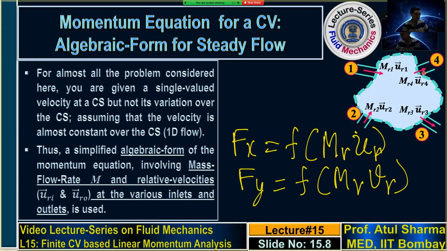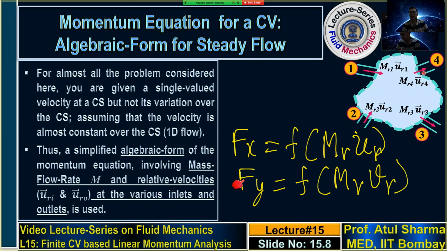Now the product of mass flow rate with u velocity is the x momentum flow rate. So basically, Fx equals the net x momentum flow rate leaving the control volume. When we say net momentum flow rate leaving, it will be 3 plus 4, which is the outlet, minus 1 and 2, which is the inlet.